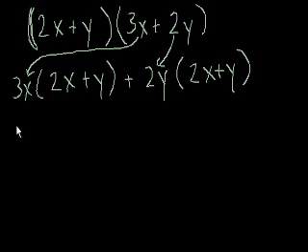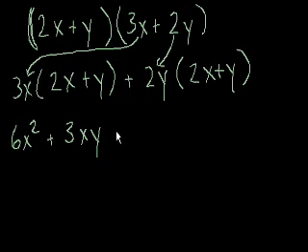3x times 2x is 6x squared. 3x times y, that's 3xy. Right? 3xy is just another way of saying 3 times x times y. Plus, now 2 times y times 2y times 2x, well that's 4yx. 4yx, right? 2 times 2 times y times x. Plus 2y times y.